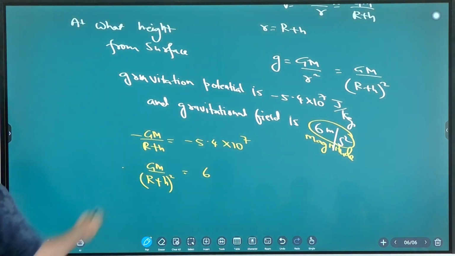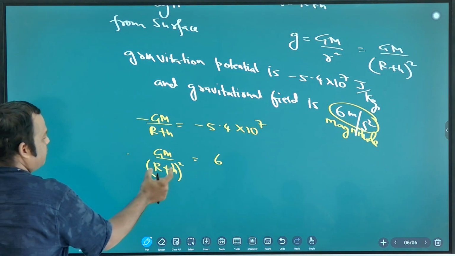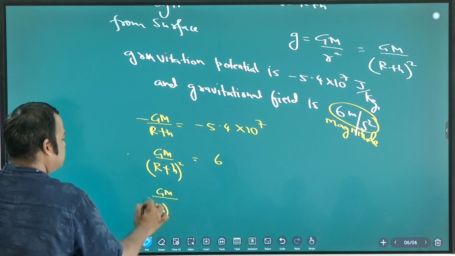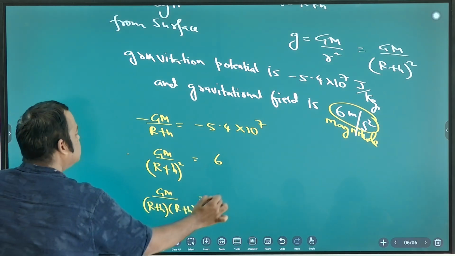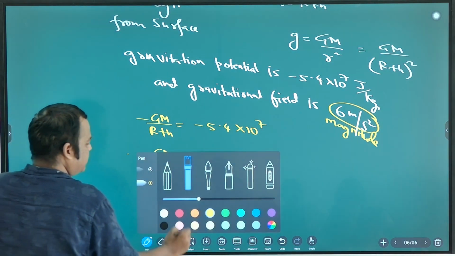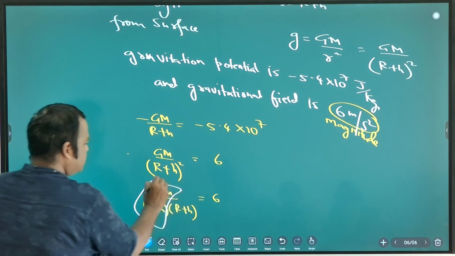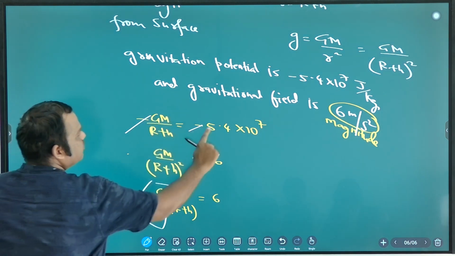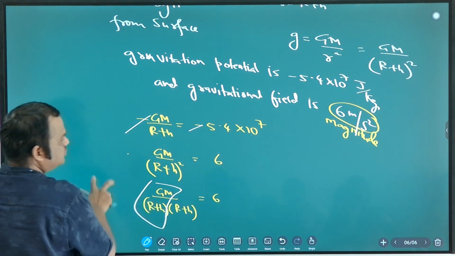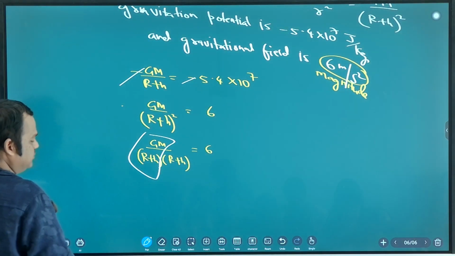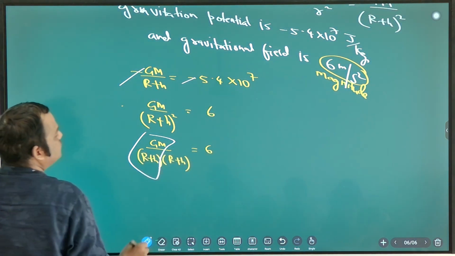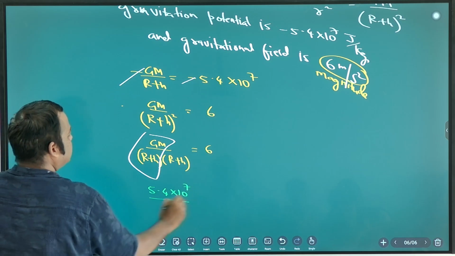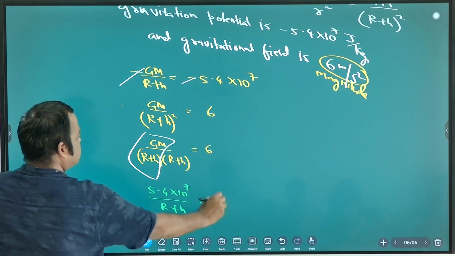Now you know what to do. You separate R plus H here. So GM by (R plus H) into (R plus H), correct, is equal to V. And GM by (R plus H), what is this? GM by (R plus H) is this. Minus minus cancel. Put it here. Easy, right? So what is the answer? Now you solve. 5.4 into 10 power 7 divided by (R plus H) is equal to 6.